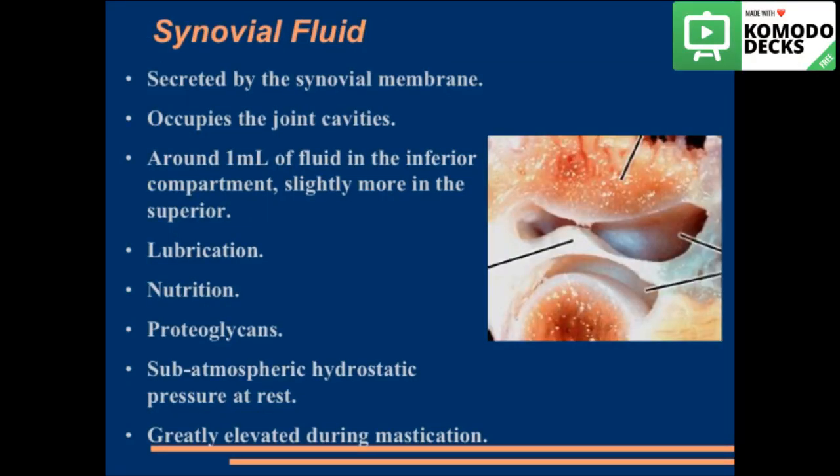The synovial fluid that is secreted by the synovial membrane occupies the joint cavities, the upper and the lower. We have around 1 milliliter of fluid in the inferior compartment, while a slightly bigger quantity in the superior.